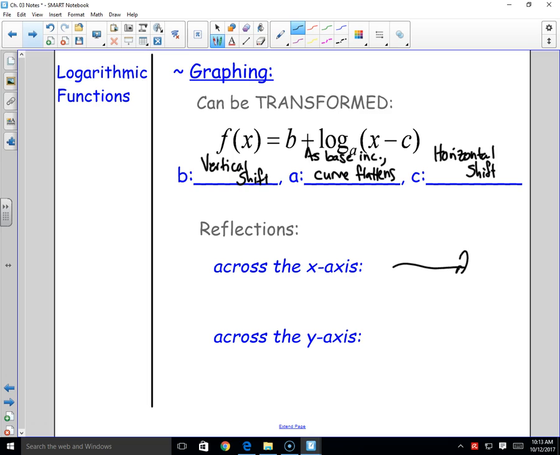But the flip over, if you were to fold down, aren't you flipping vertically? So if it's a vertical flip, if it's across the x-axis, where are we multiplying by a negative? Outside. Good. So in some senses, depending on the equation, we are going to need to have some sort of negative outside the log. It could also be, depending on the order that you do it, a negative outside like the entire thing.